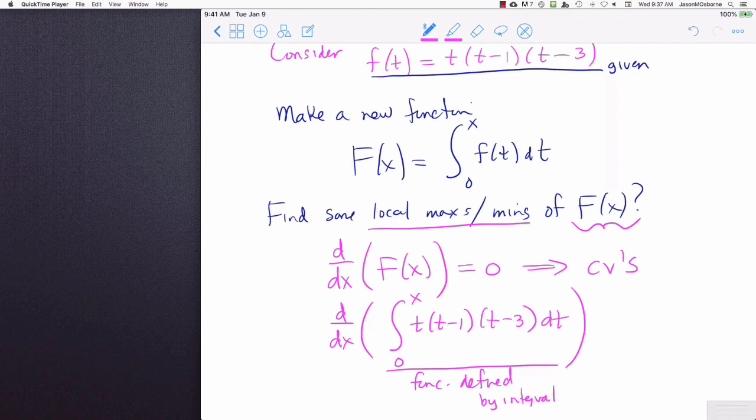Okay, this is section 6.4. We know that the derivative of this integral is x times x minus 1 times x minus 3, which tells you that your critical values are 0, 1, and 3.